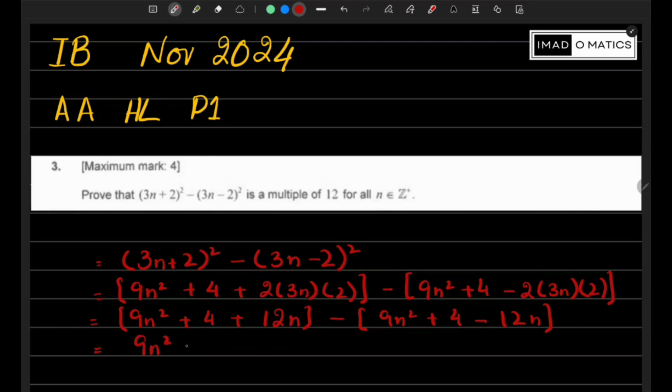Now opening the brackets, when there is a minus sign outside the bracket, then when the brackets are opened, the signs of the terms are inverted.